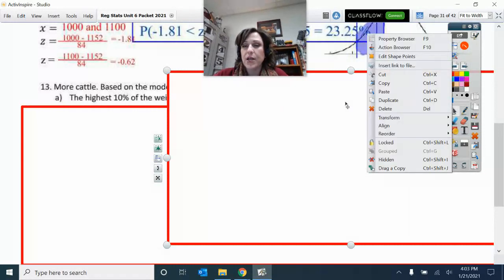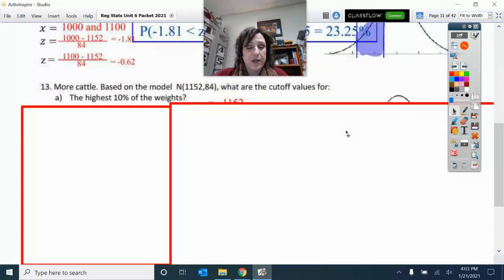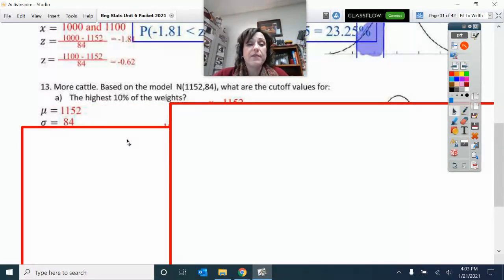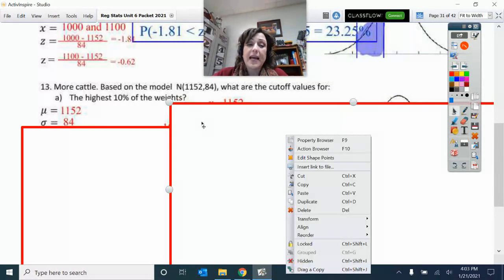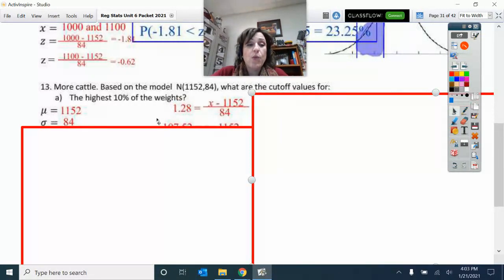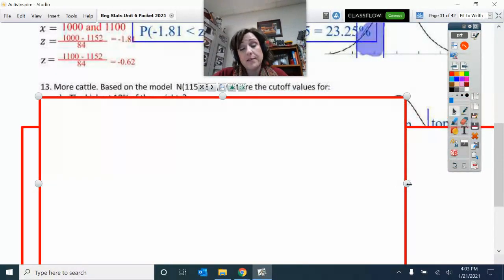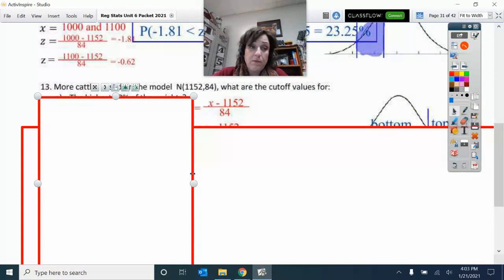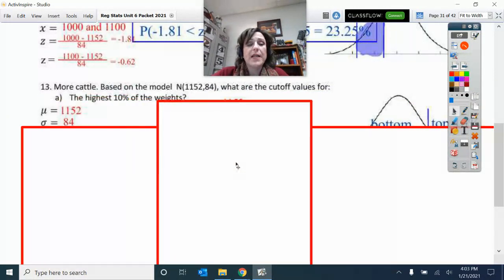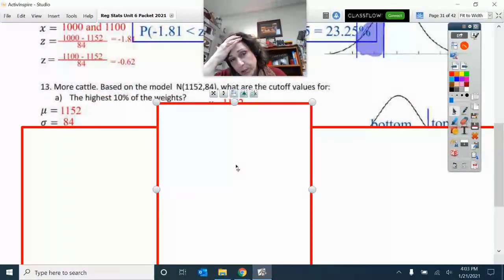So we start having slightly different questions here. We still have the same mean and standard deviation, but now we're solving for something different. Now we have the highest 10% of weights, so we need to talk about what that means. Here's what I think in my brain: percent is not the z.